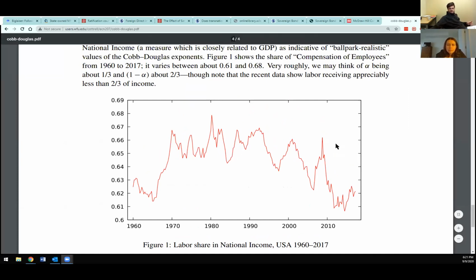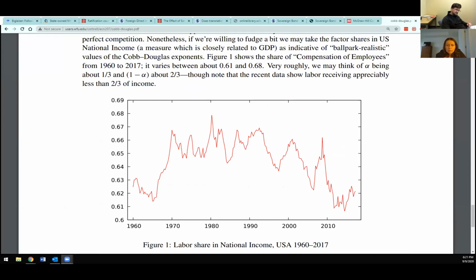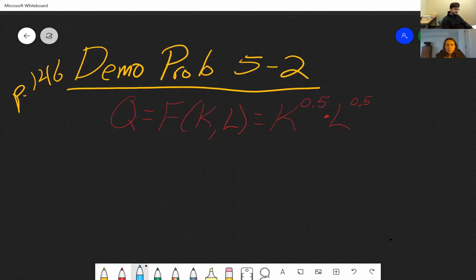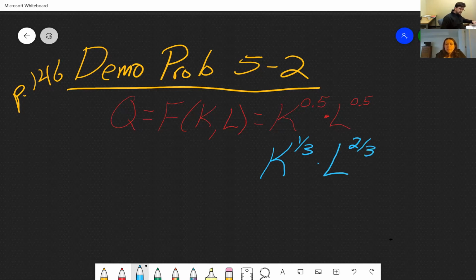And it's just, you know, for convenience, right? A lot of times you will see these equations instead as K to the 1/3 and L to the 2/3. And that's Cobb-Douglas, yeah.